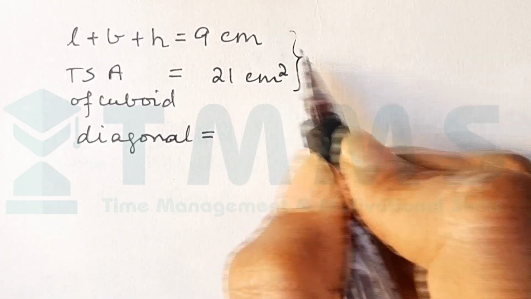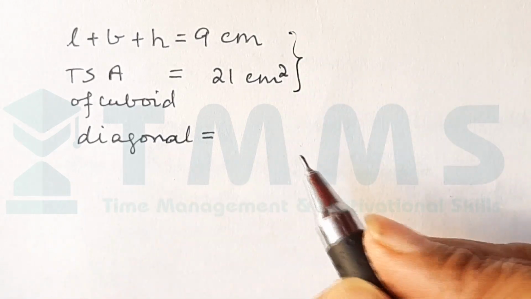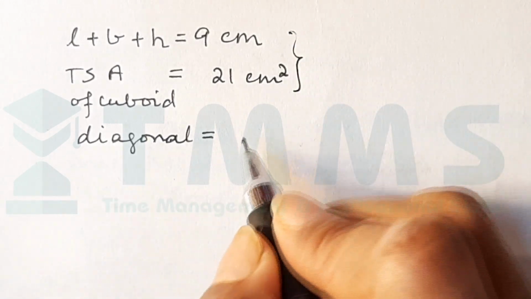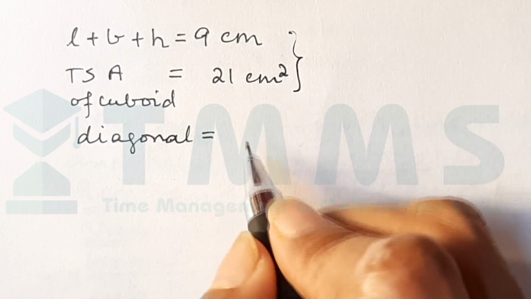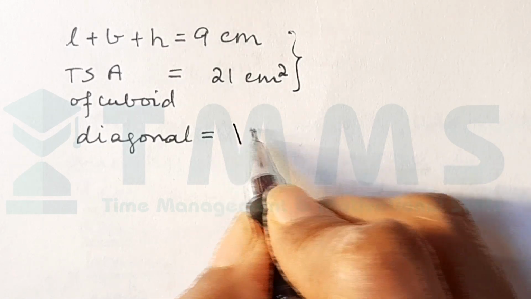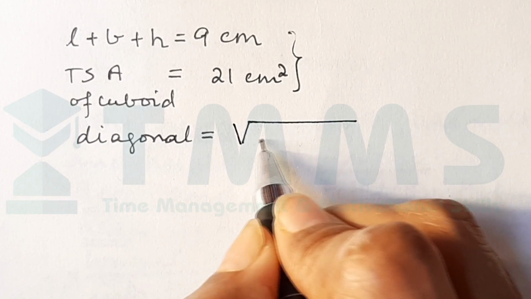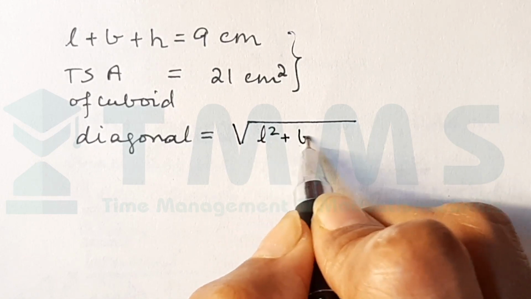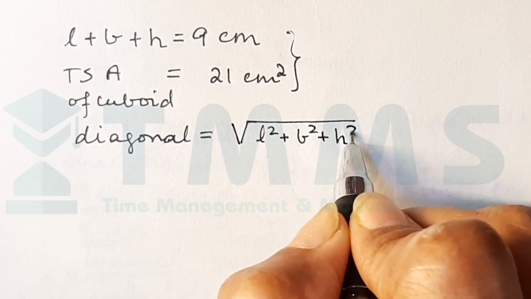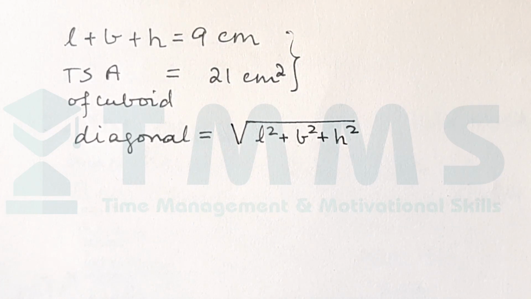This is given to us and we need the diagonal. So tip number 1 says write the formula, and the formula for the diagonal of a cuboid is, do you remember this? Good.